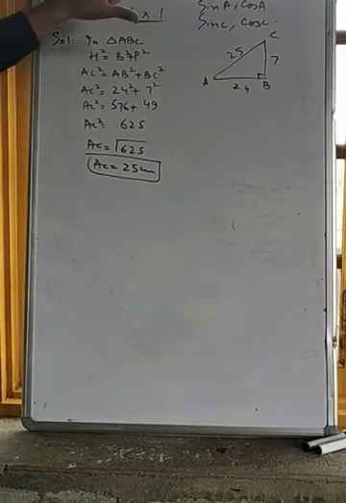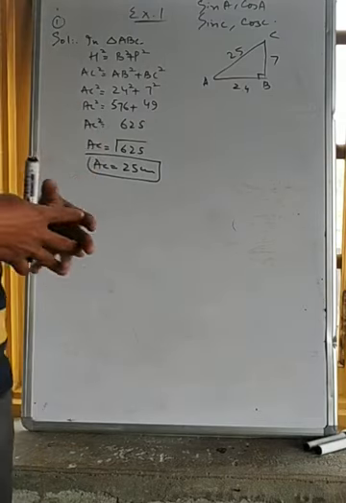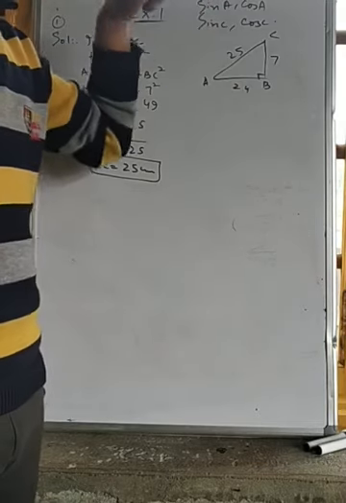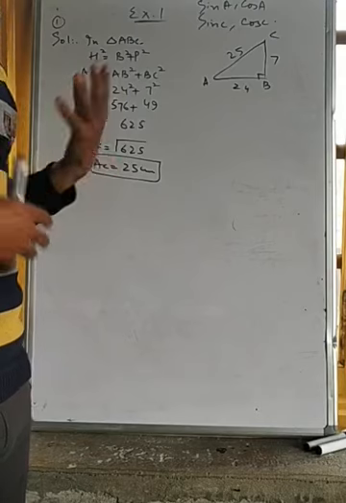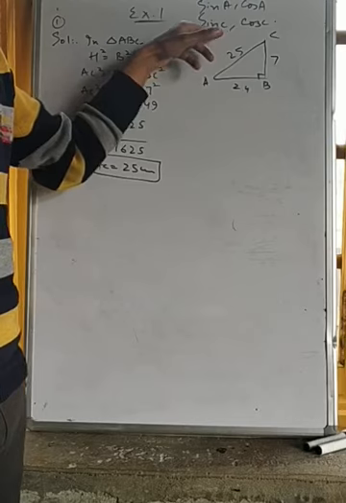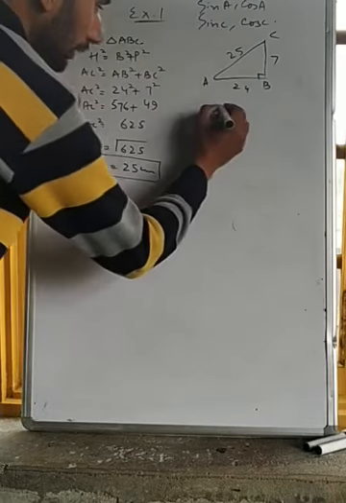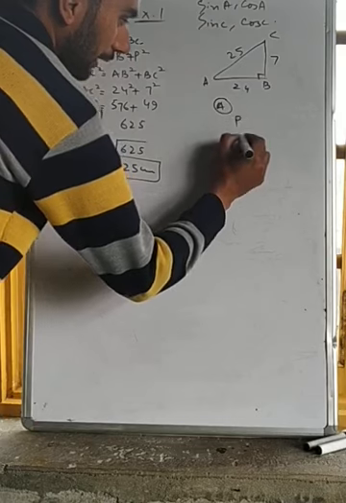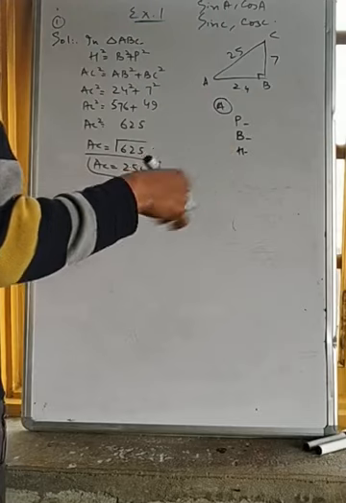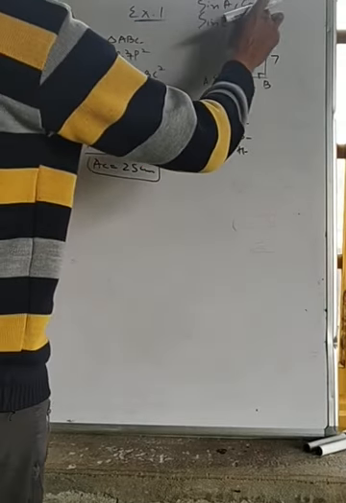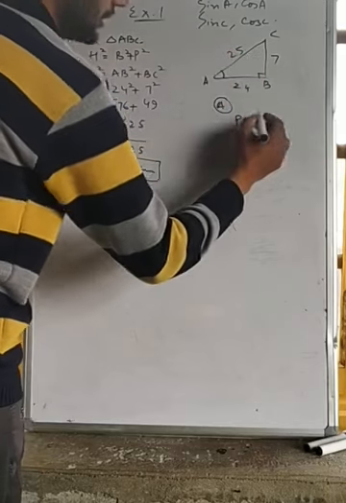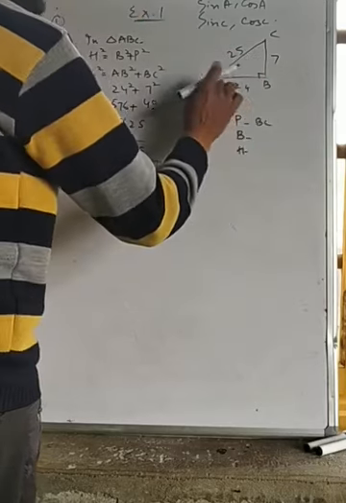If we are going to check what we have to find, we are going to find sine A and cos A. So the angle which we are talking about is A, and in the next part the angle is C. So for angle A, we keep it updated with its perpendicular, base and hypotenuse, so that we can easily calculate sine A and cos A. For angle A, its opposite side is BC, so perpendicular is BC.